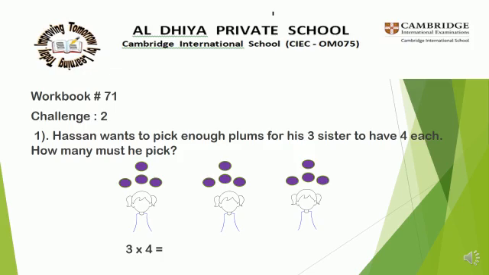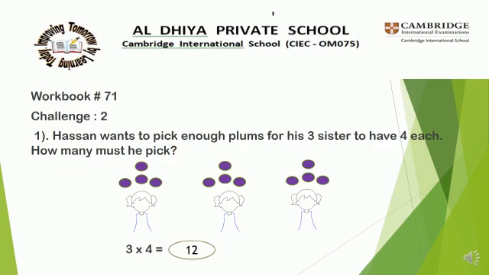Tell the 3 table. 3 ones are 3. 3 twos are 6. 3 threes are 9. 3 fours are 12. Yes, you are correct. 3 fours are 12. Count this now. How many plums has he bought? 1, 2, 3, 4, 5, 6, 7, 8, 9, 10, 11, 12. So we got the answer 12.